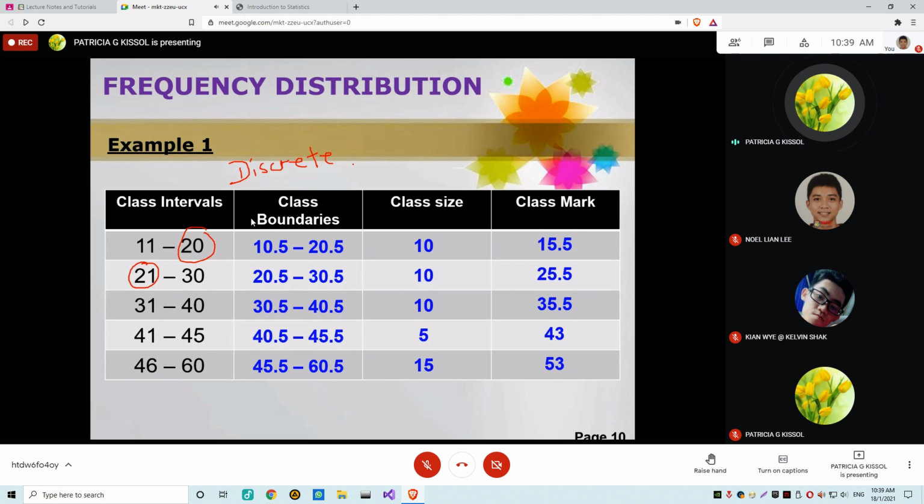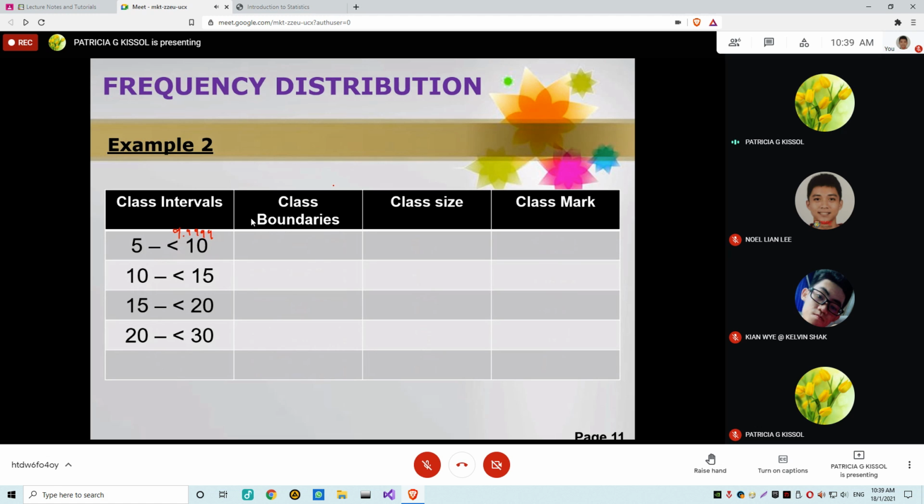Whereas this data, the next one, is continuous because we're talking about values that have decimal places. So when we have this kind of data, the value 10 is the same here also. They are the same. Then for the class boundary, no need to have the 0.5.